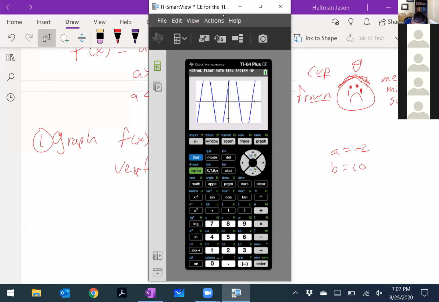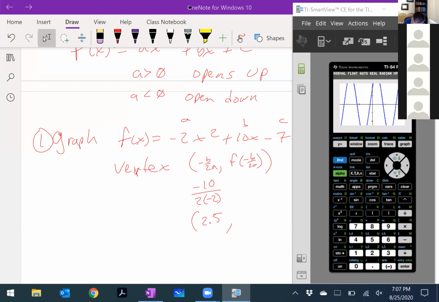Okay, so what I can do here is I'm going to clear this. I'm going to graph this thing. Y equals, clear. Okay, y equals negative 2x squared plus 10x minus 7.